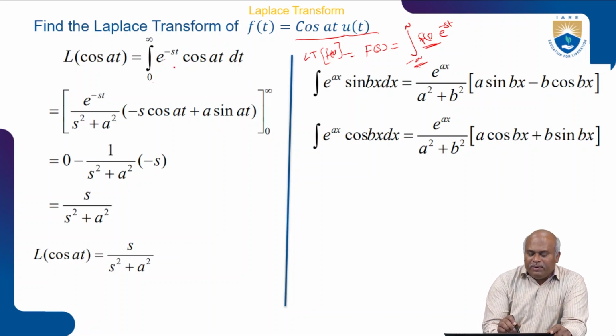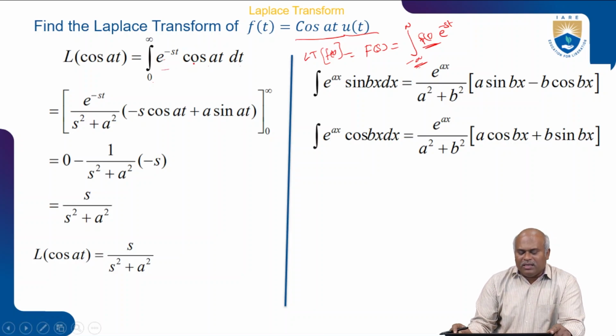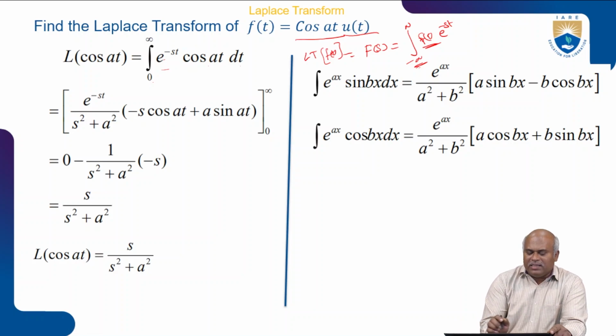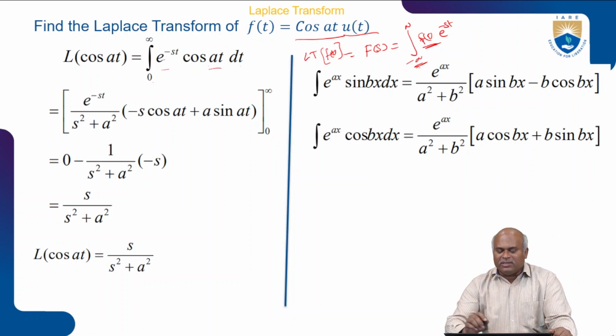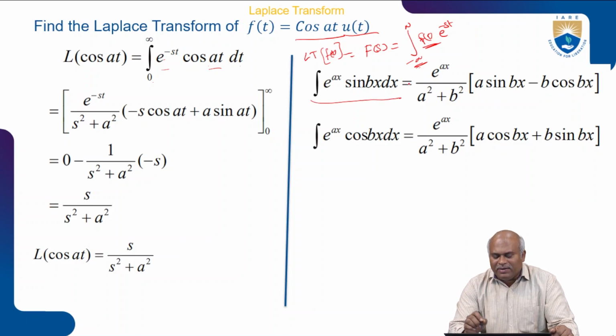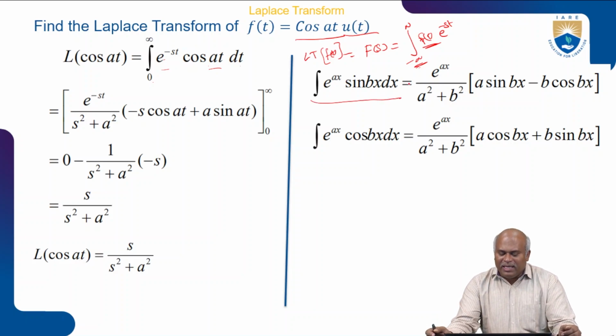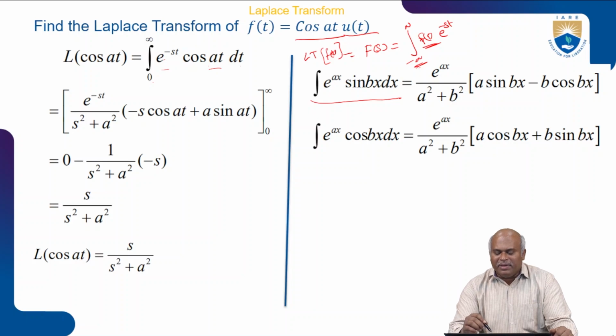So now we have e power minus st, and at the same time we have cos at. I should write the formula: the integration of e power ax sin bx dx is represented as e power ax divided by a square plus b square, times a sin bx minus b cos bx.